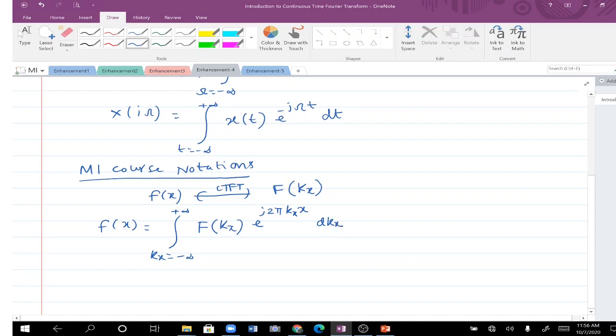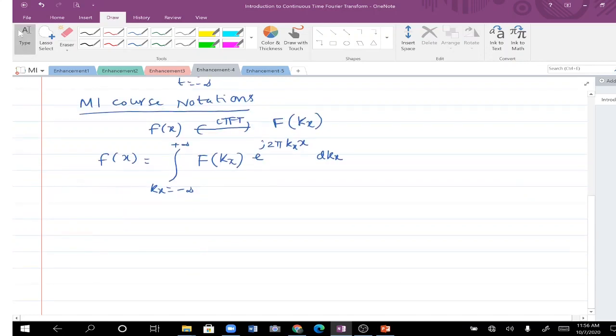That's just the simple change of variable we were doing here. Now let's write the expression for F(kx). Now x is varying from minus infinity to plus infinity, f(x) exponential of minus j 2π kx x into dx.